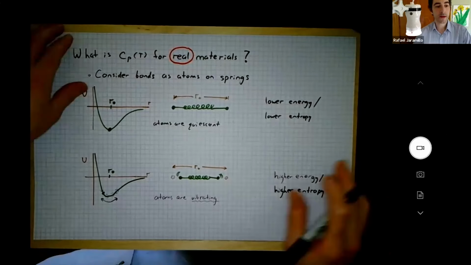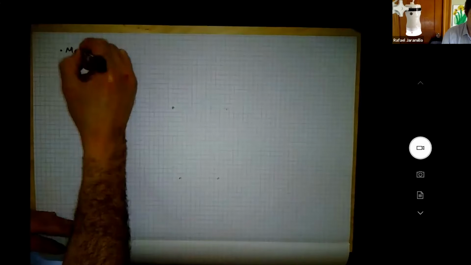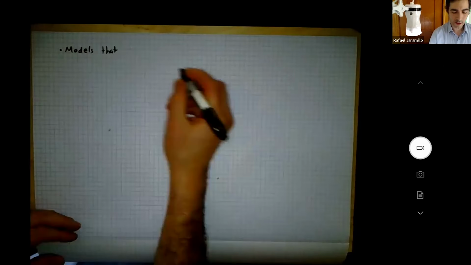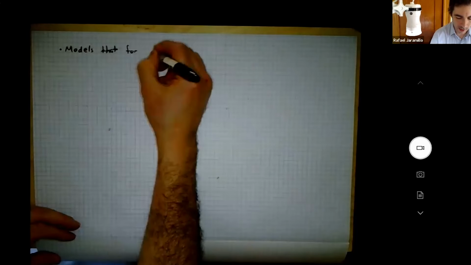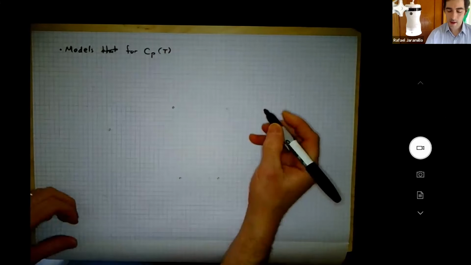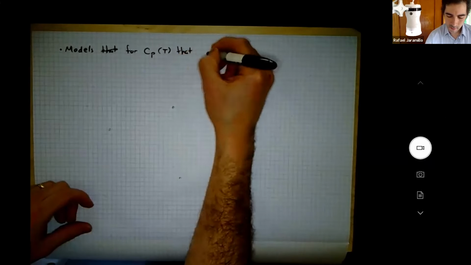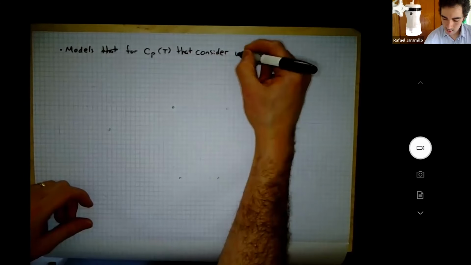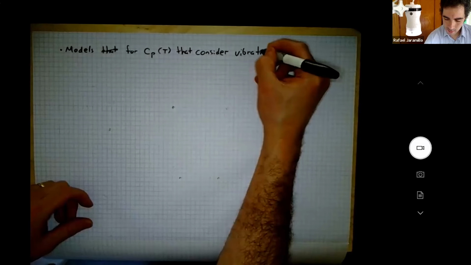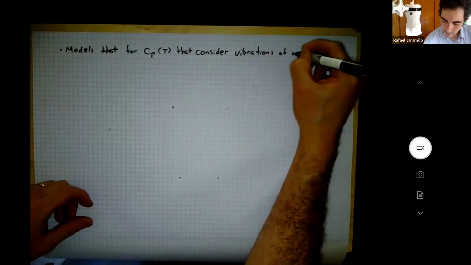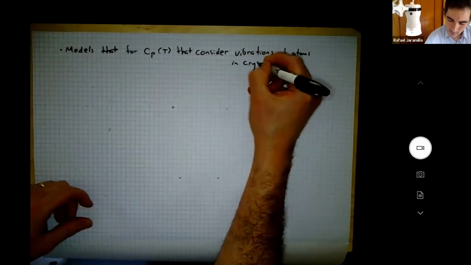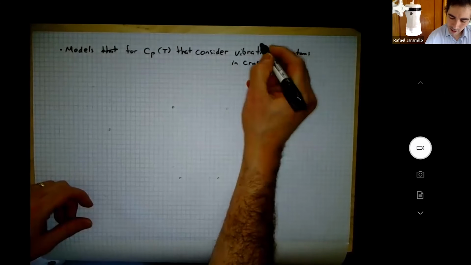You can do a lot with this, right? There are models for the heat capacity as a function of temperature that consider vibrations of atoms, right, vibrations of atoms and crystals.